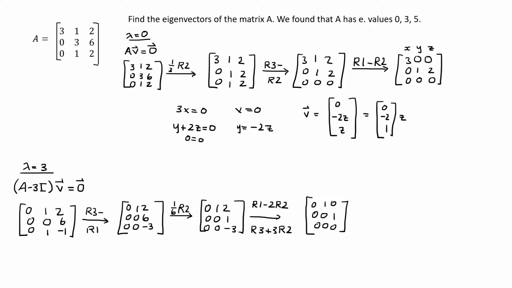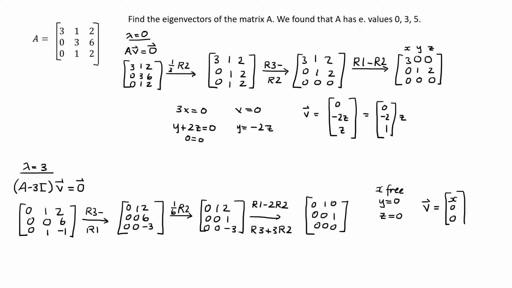Okay, so I end up with this reduced row echelon form, and if I write this out, I get that y equals 0 and z equals 0. And we can see that x is a free variable. It doesn't appear in any of these equations. So my solutions v are all going to have the form x, 0, 0.